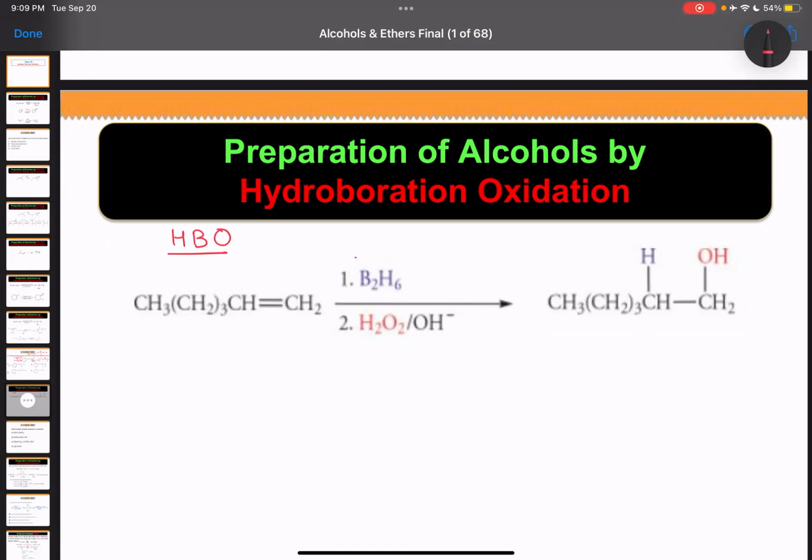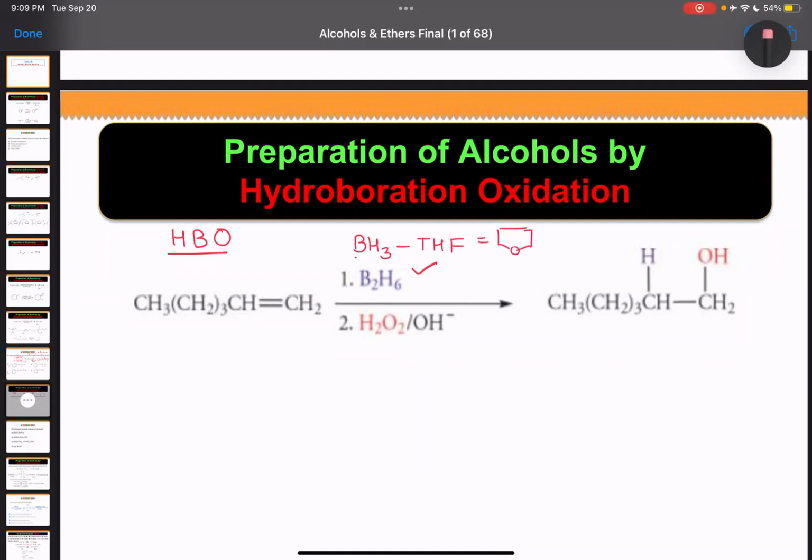So what are the reagents? This is diborane, and the diborane actually comes in THF. THF is the cyclic ether tetrahydrofuran.